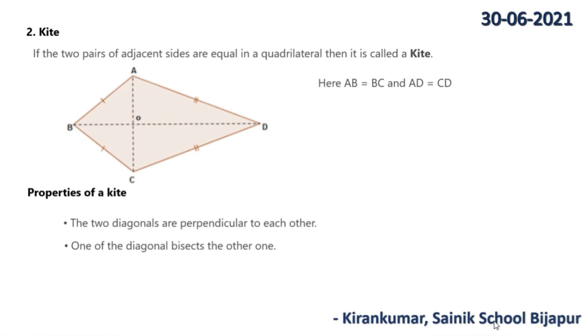If BD bisects AC, then AO will be equal to OC. These two parts will be equal. In a kite, angle A and angle C are equal, where the diagonals are bisected. These two angles are equal, but angle B is not equal to angle D. These are a few properties you must remember.